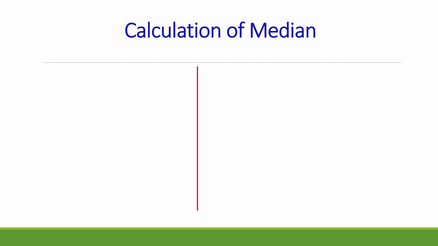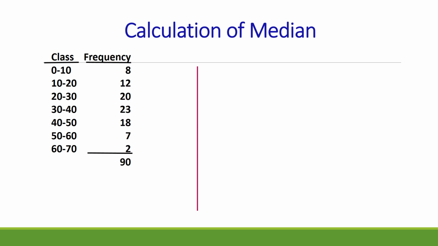Now let us see how this calculation is done using the formula. A class is given, the class interval as 0 to 10, 10 to 20, and the frequency and the total of frequency is also given. The cumulative frequency is also calculated.